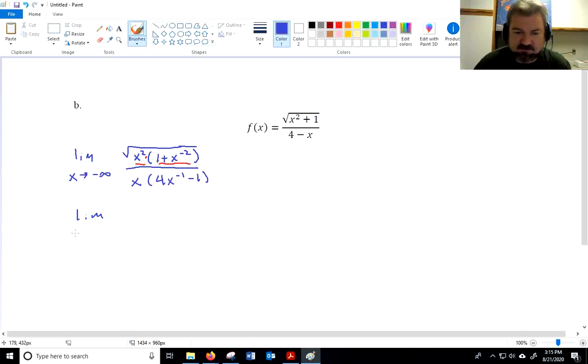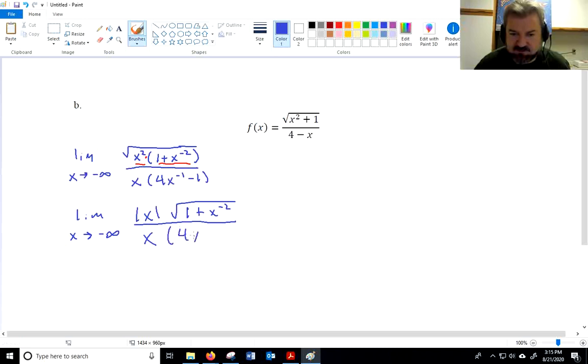We can split it around multiplication. So I can do this side and then I can do this part. So it'll be the limit as x goes to negative infinity. The square root of x squared is the absolute value of x. Then the square root of 1 plus x to the negative 2, I have to just leave it like that. I can't distribute it across addition. On the bottom, we still got that x, and I'll just rewrite everything again.